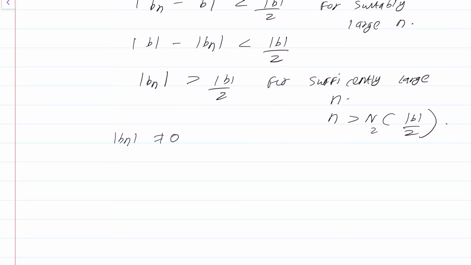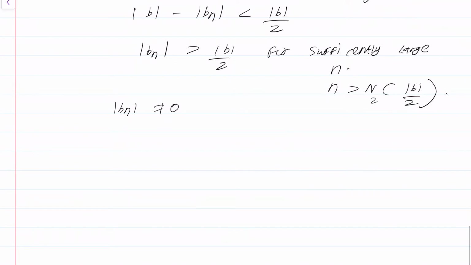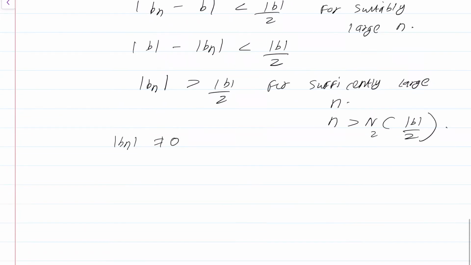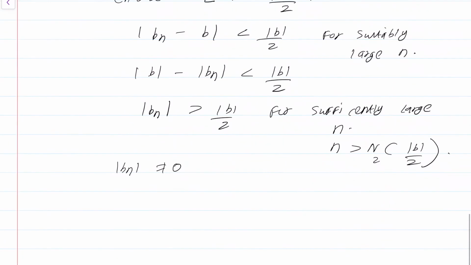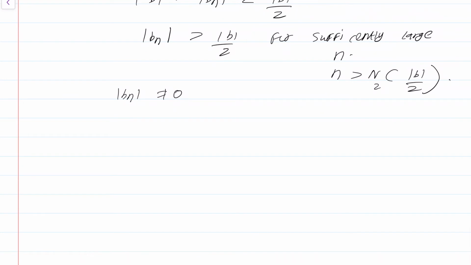Now once we have done this, we are going to show that |a_n/b_n − a/b| can be made less than epsilon. But instead of doing that, what I will do is we will show 1/b_n converges to 1/b.